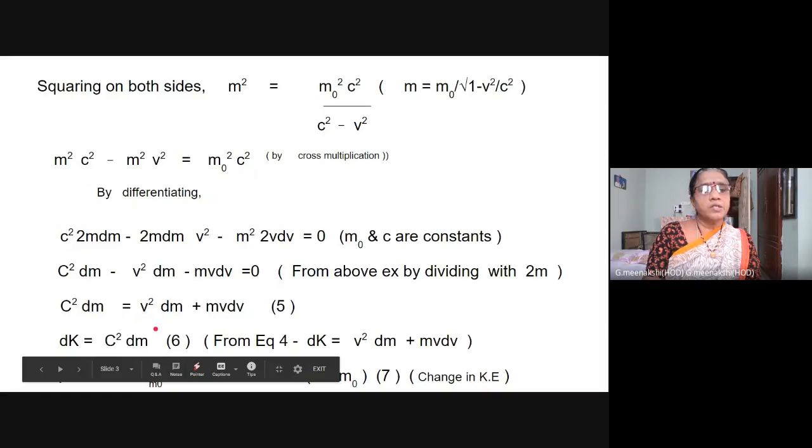So dK is equal to c squared into dm. This v squared dm plus m v dv is also equal to the increase in kinetic energy value dK from the previous expression, the fourth equation. So we are writing dK value from equation 4. What is the increase in kinetic energy value? We are writing dK is equal to c squared dm.